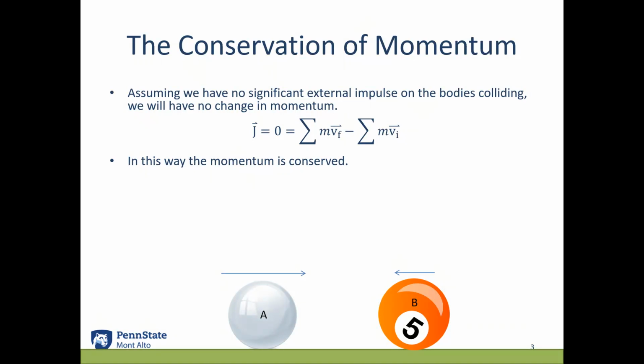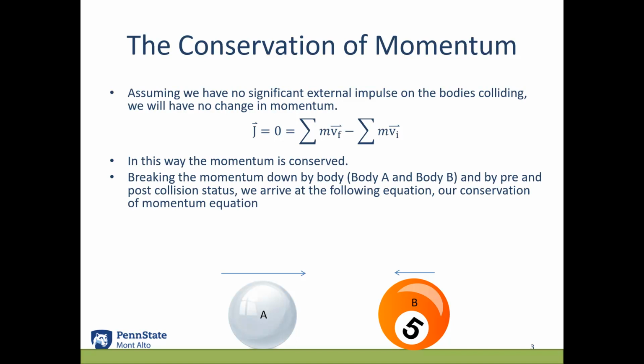And imagine we've got two billiard balls, A and B here. So breaking down the momentum by body, body A and body B, and by pre and post collision status, final and initial, we're going to arrive at the following equation. So the momentum of particle A final plus the momentum of particle B final is going to be equal to the momentum of particle A initial plus the momentum of particle B initial.